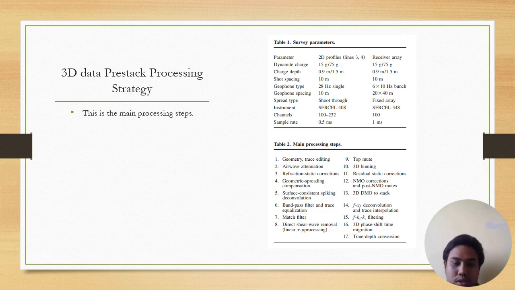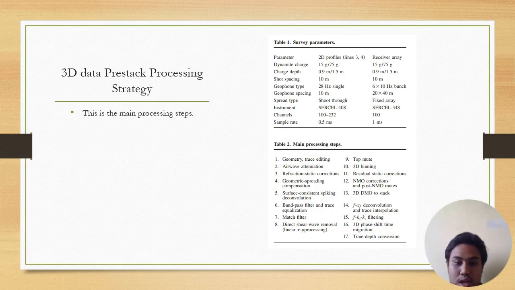For the main processing steps: 1 is geometry and trace editing, 2 is first-arrival muting, 3 is wave automation, 4 is geometry spreading, surface-consistent scaling, band-pass filter, and phase equalization with a match filter, and direct shortwave removal, which is linear processing.